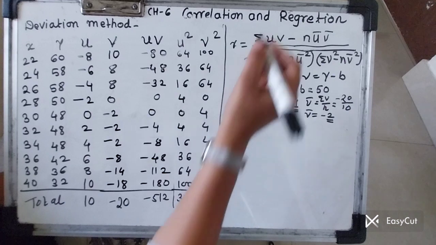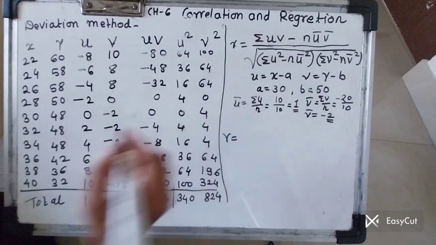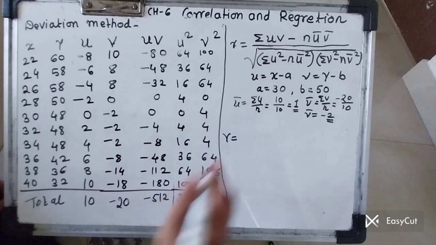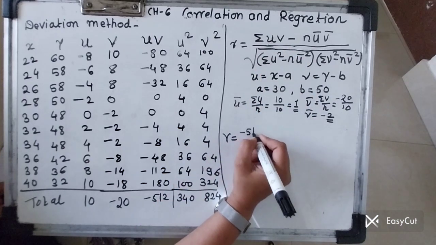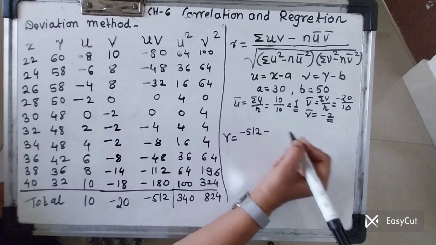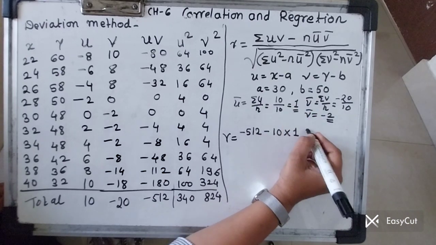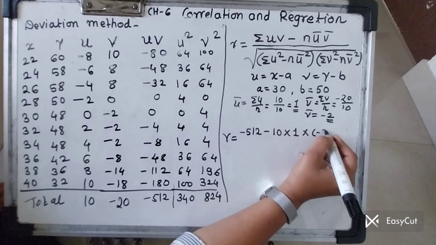Now put all values in the formula. See, R equal to summation uv. What is summation uv here? Summation uv is minus 512 minus n. N is 10. U bar is 1. Then v bar is minus 2.